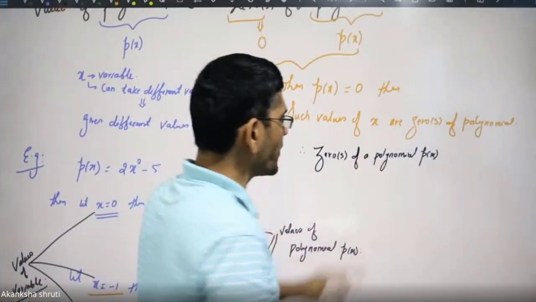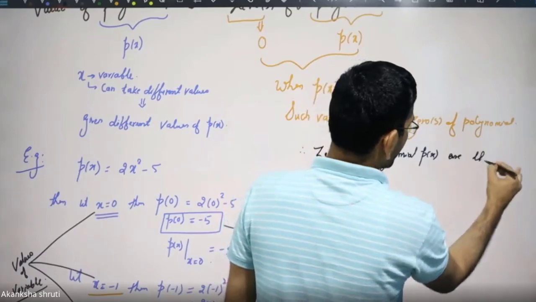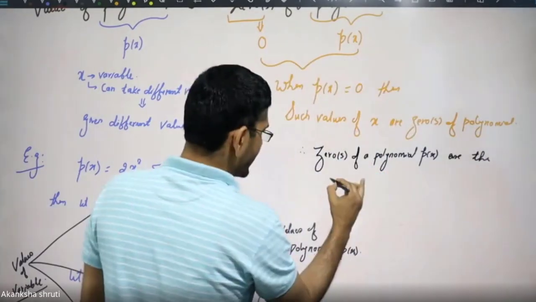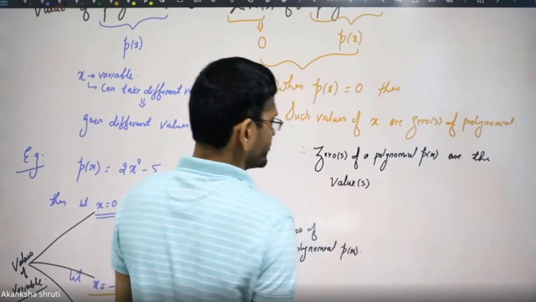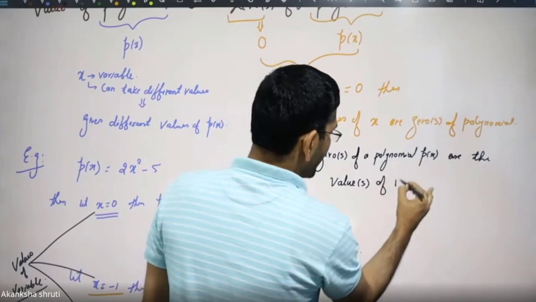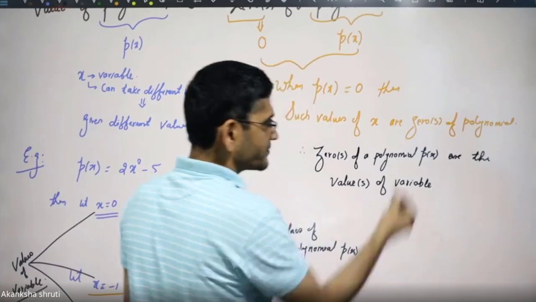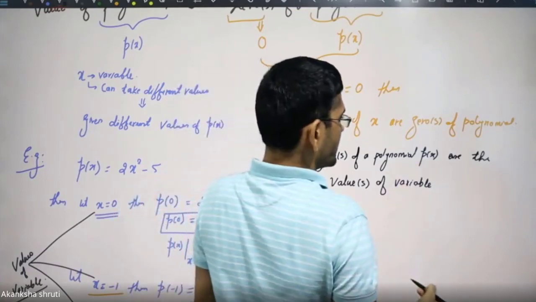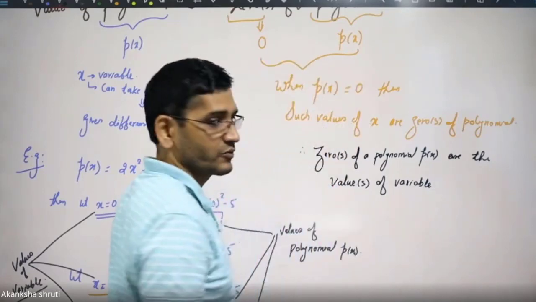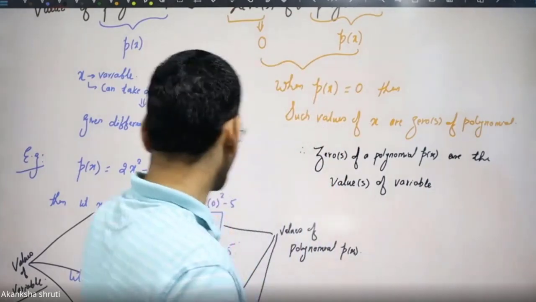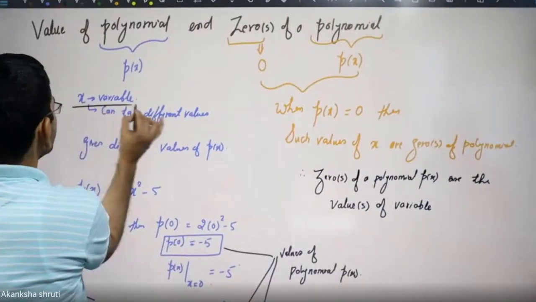But zeros of polynomial are the value of variable, or values of variable. Since we are considering only one variable, only one variable is here, but more than one variable is also possible. That you will learn in higher study. Okay, students? So keep in mind, here our variable is this x only.